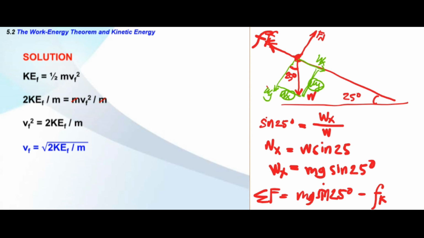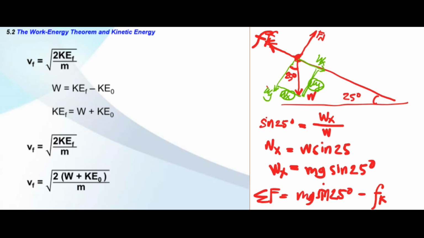Dividing both sides by m, Vf squared is equal to 2 KEf over m. So Vf is the square root of 2 times kinetic energy final all over m.